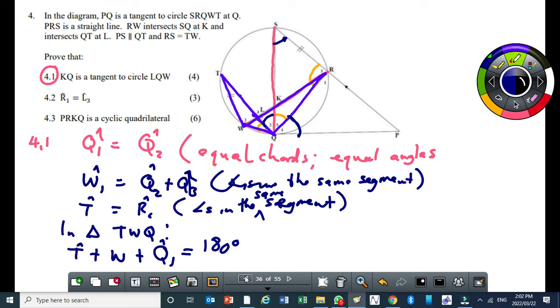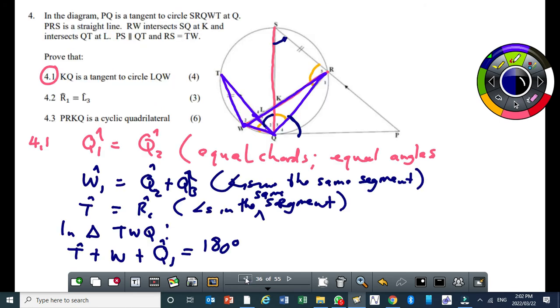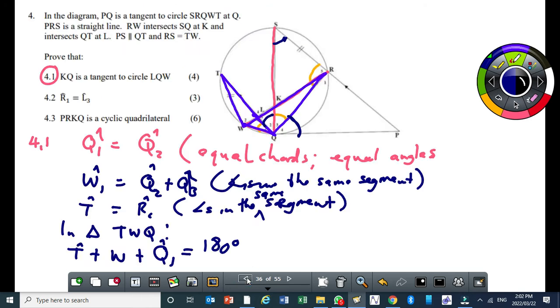So W, yeah, that would be W1. So W1 plus R2 plus Q1 plus Q2 plus Q3 will give me what? 180. Right? Please, I need to write my reason here: sum of angles in a triangle.